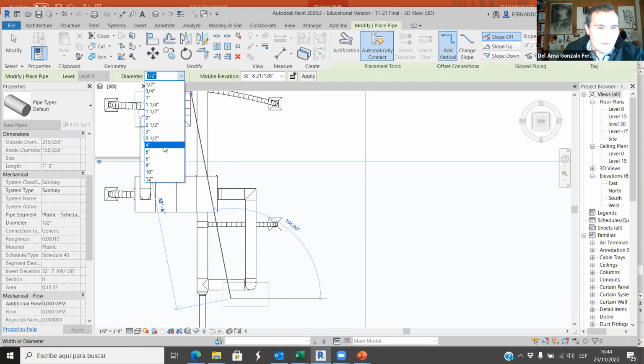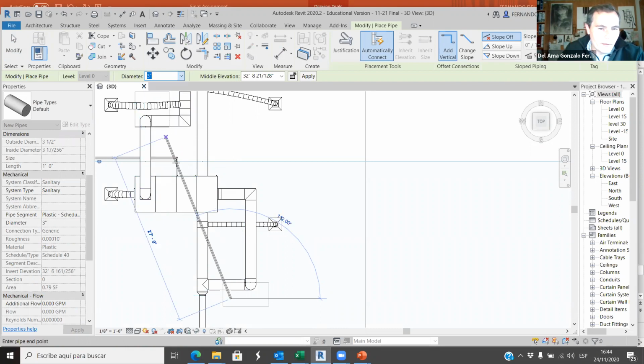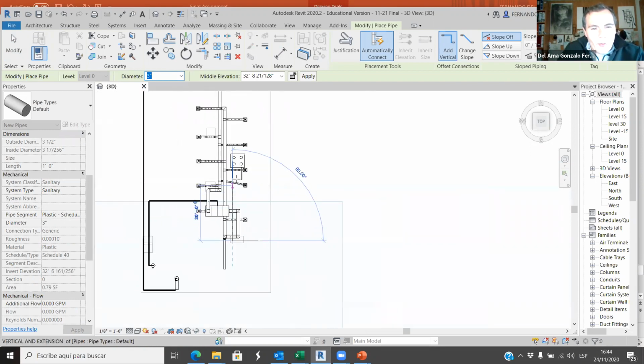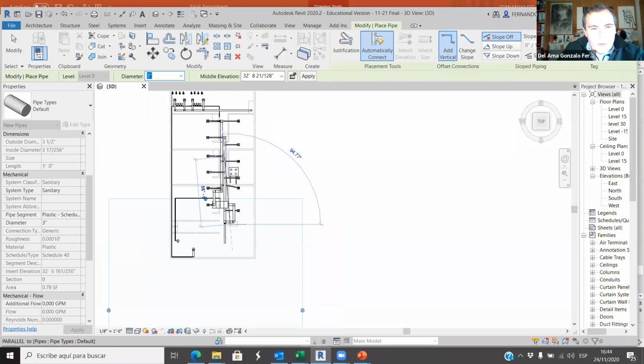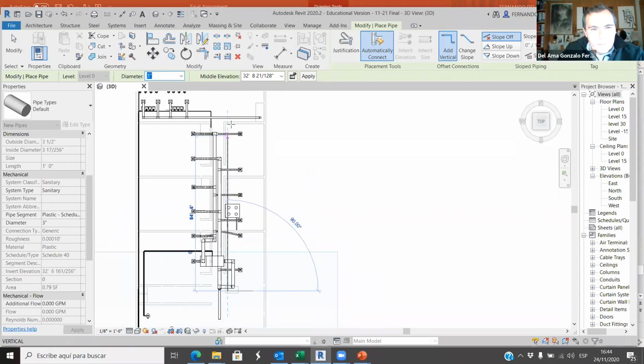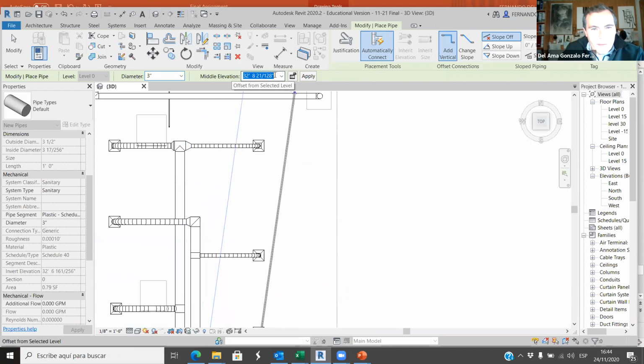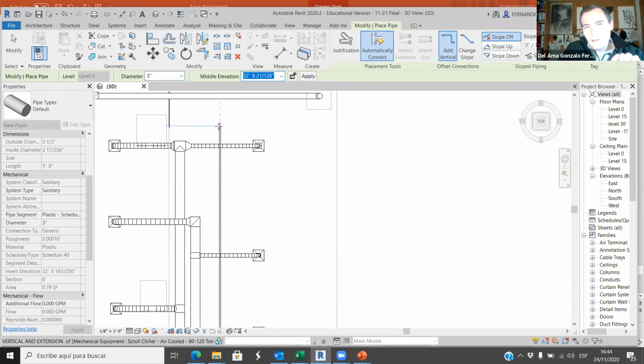You have to calculate the storm stack diameters, can be 2 or 3. I think 3 would be enough, but anyway. And now I think we can go all this way. Oh, but we have to change the elevation because now it has to be on the basement. So the elevation here can be -2.